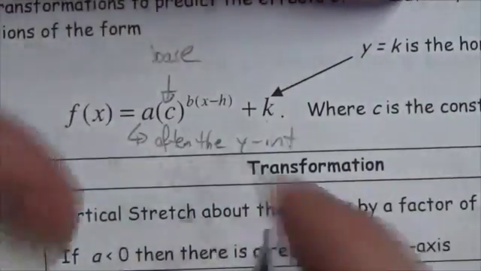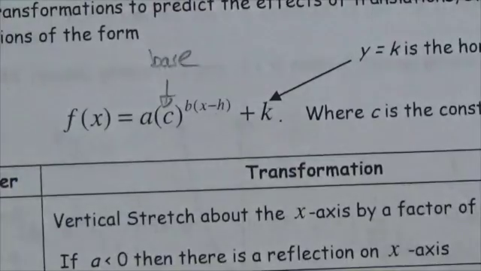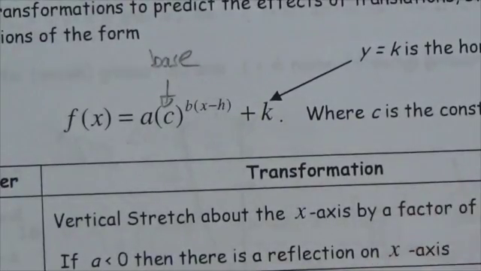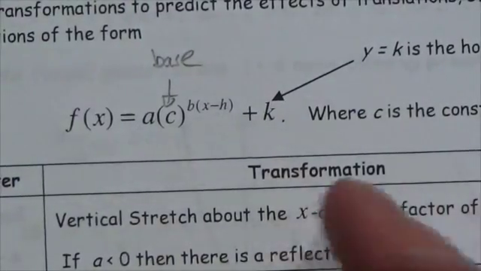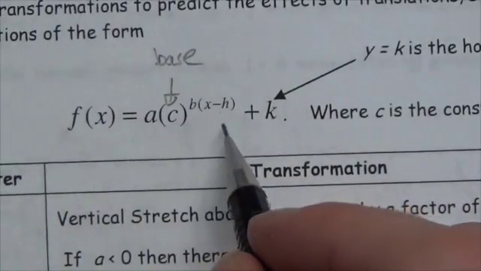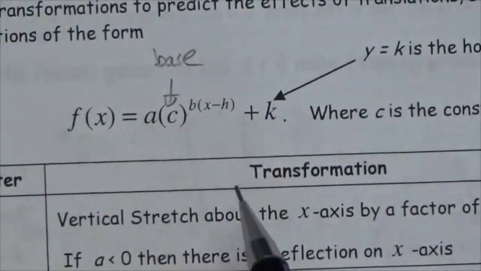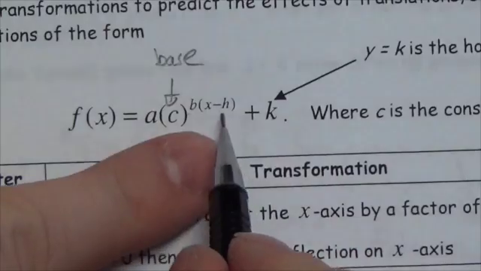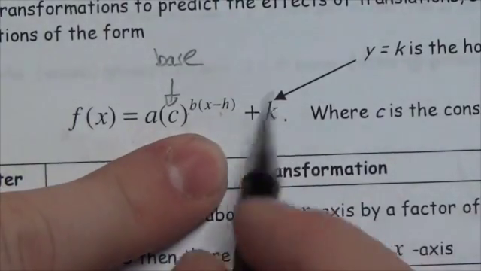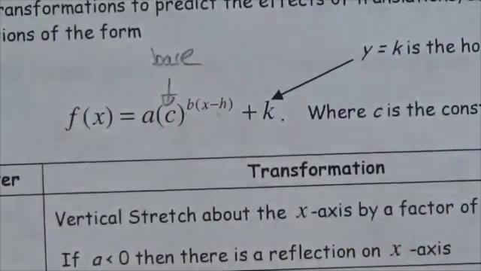Actually, I should probably delete that, because the vertical translation and the horizontal translation will both change that. In a lot of cases, though, we're not translating it left or right or up and down, and so A does become the y-intercept here. But, second thought, I'm probably better off just not mentioning that. B is going to be your horizontal stretch, the same as before. H is going to be your horizontal translation, left and right. And K will be your vertical translation.